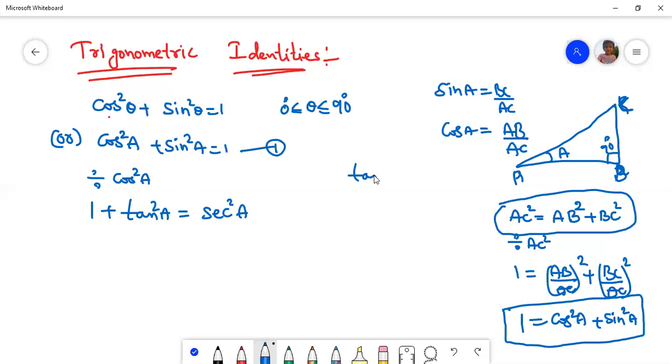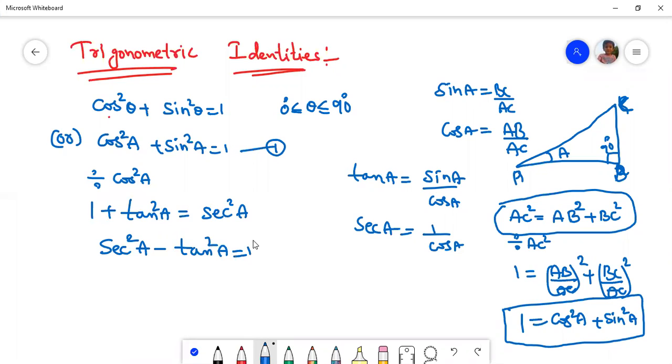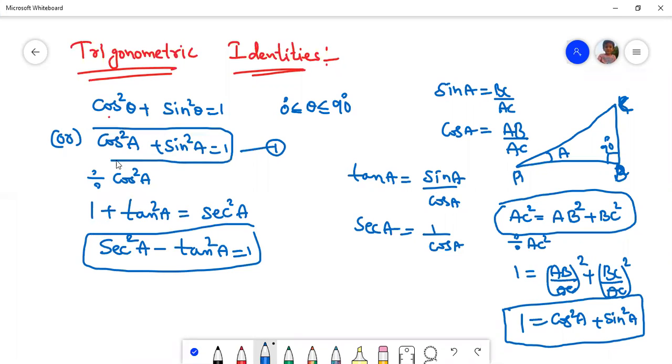Because we know that the ratios tan A equal to sin A by cos A, secant A equal to 1 by cos A. Dividing means 1 by cos square A, that will be secant square A. Sin square A by cos square A is tan square A. Cos square A by cos square A is 1. From this, we are getting the identity secant square A minus tan square A equal to 1. This is the second identity. The relation of sin and cos is the first identity.